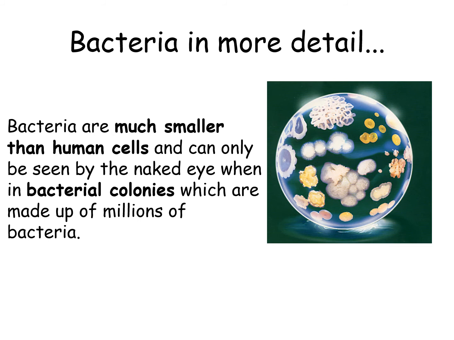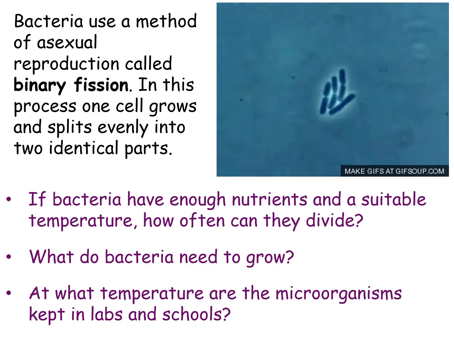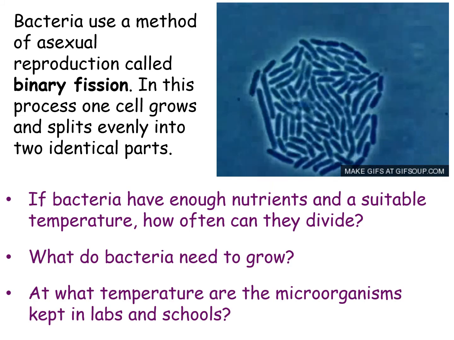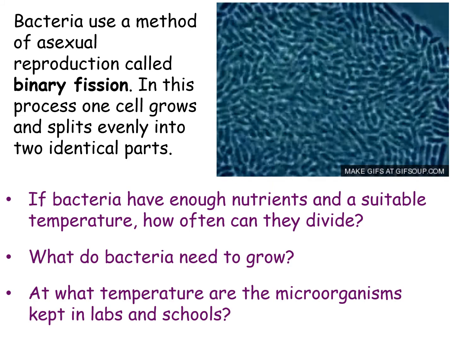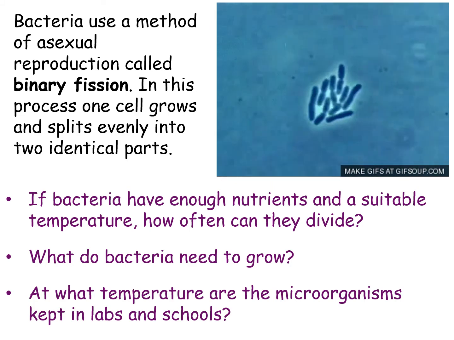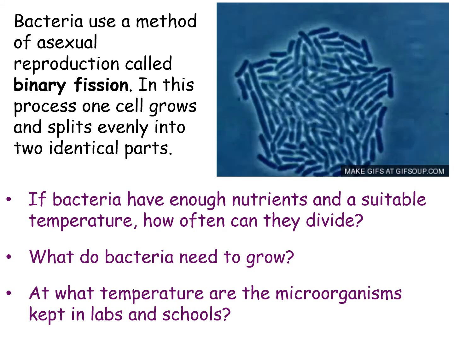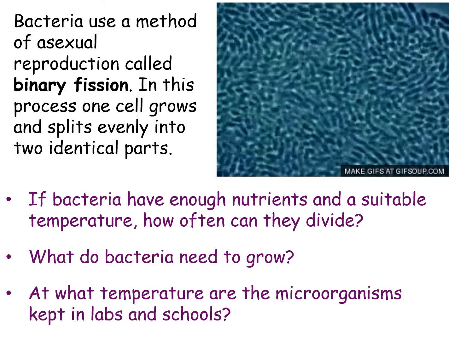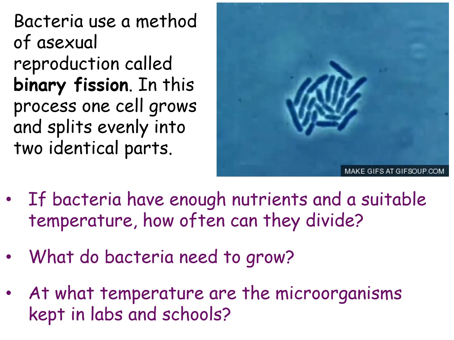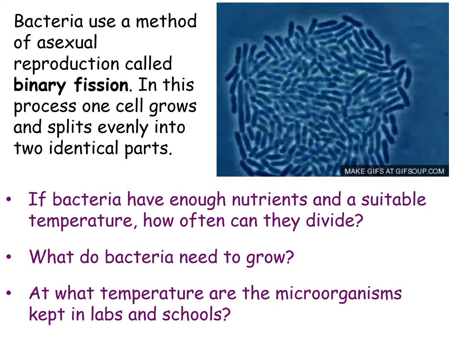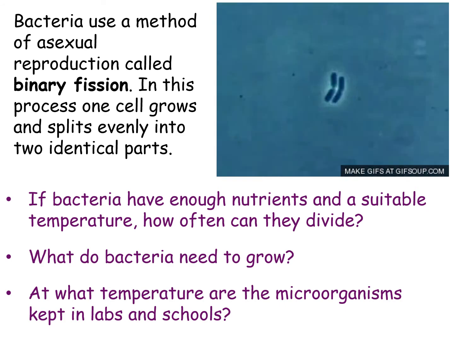And each bacterial colony that you can see on the screen is made up of millions of bacteria. Bacteria use a method of asexual reproduction, and that method's called binary fission. In this process, one cell grows and splits evenly into two identical parts.